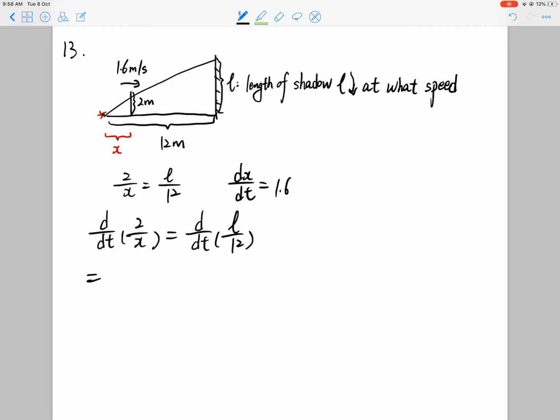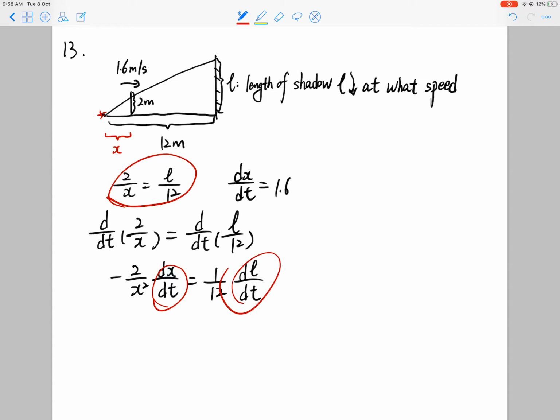It's negative 2 over x squared dx over dt, and this is 1 over 12 dl over dt. Okay, so this is the equation between x and L. By differentiating both sides, we have the equation connecting dx over dt and dl over dt.